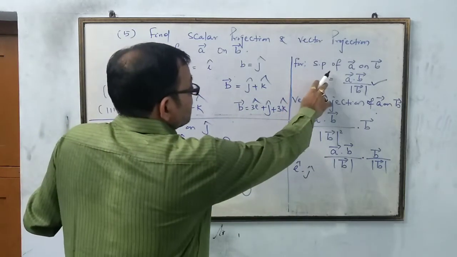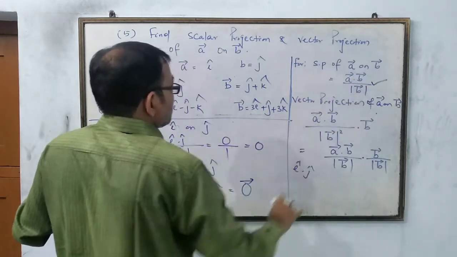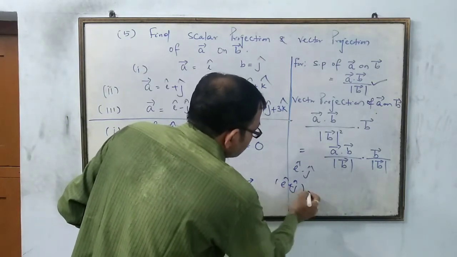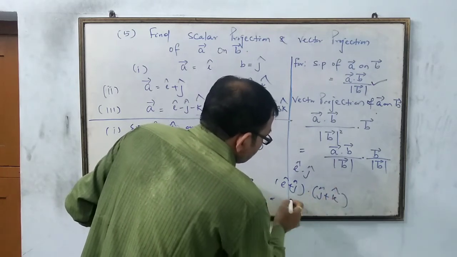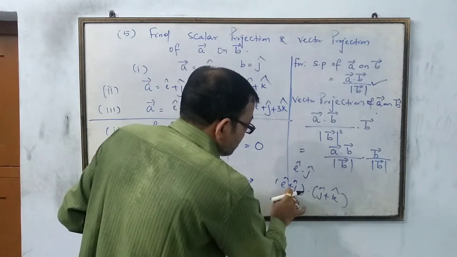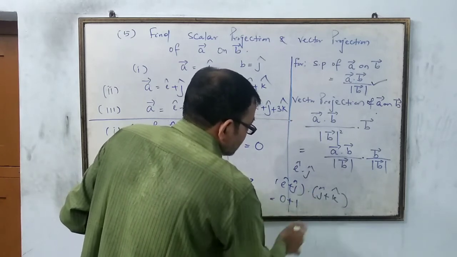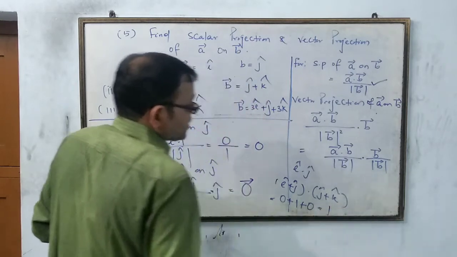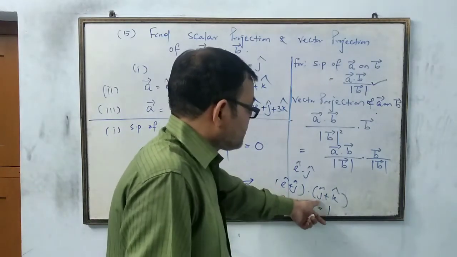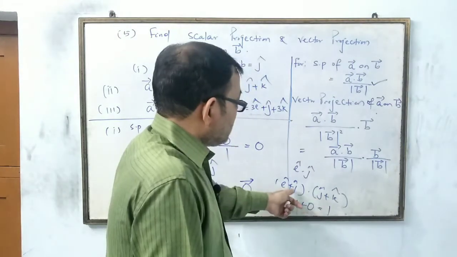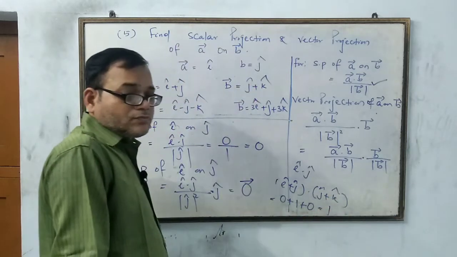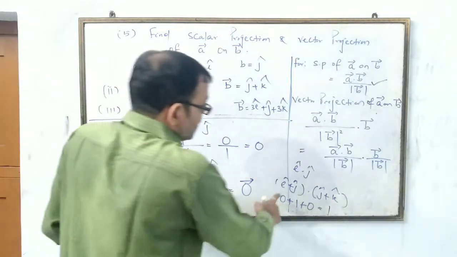What you have to find out is the scalar projection of A on B. At first, the dot product: I plus J dot J plus K. The I coefficient is 1 here and 0 there, so 1 into 0 is 0. The J coefficient is 1 and 1, so 1 into 1 is 1. The K coefficient is 0 here and 1 there, so 0 into 1 is 0. So you got the dot product as 1.